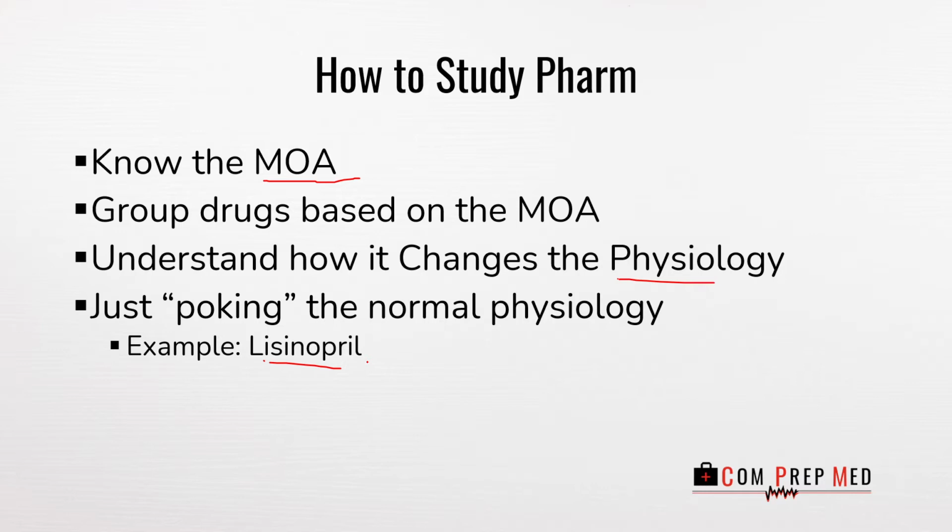Okay, so any of the medicines that end in pril, right, this suffix here, pril, they're ACE inhibitors. So you have lisinopril and enalapril, and there's a few others that I can't think of off the top of my head, but those are the two that I can think of. Those all inhibit ACE. And then you have the angiotensin receptor blockers like losartan, olmesartan.